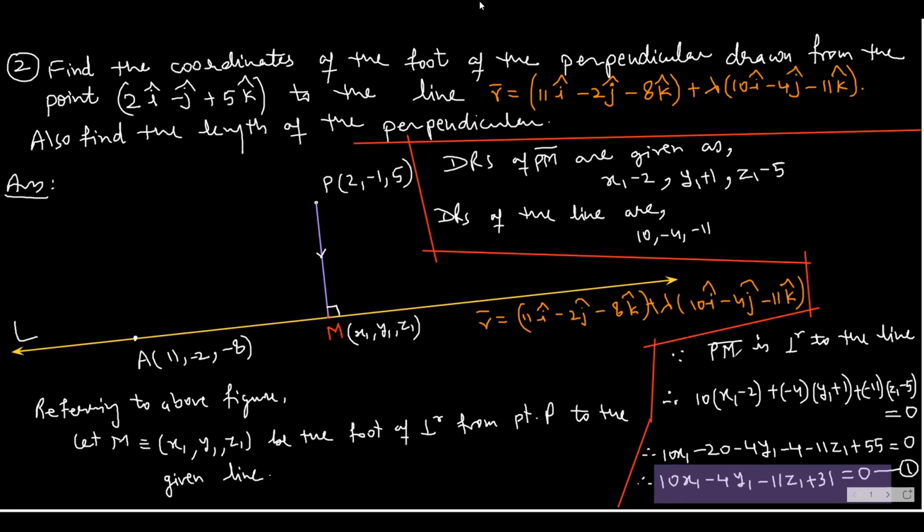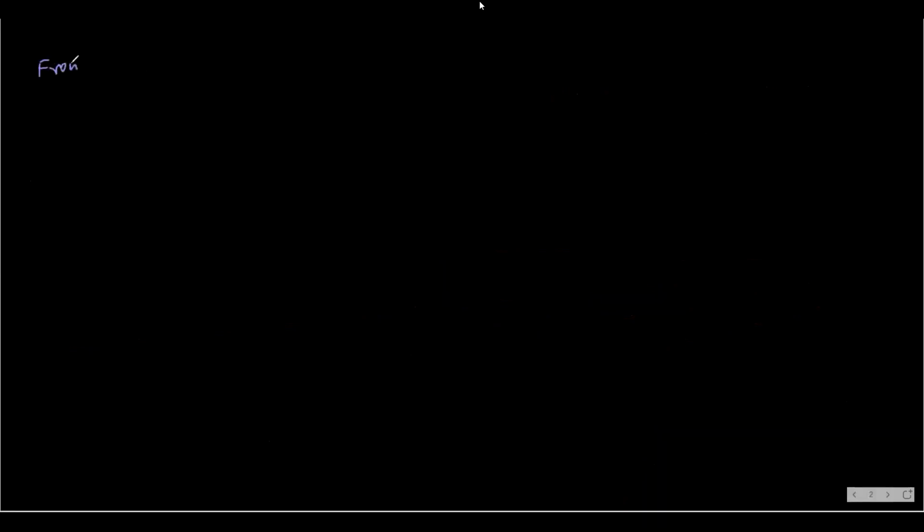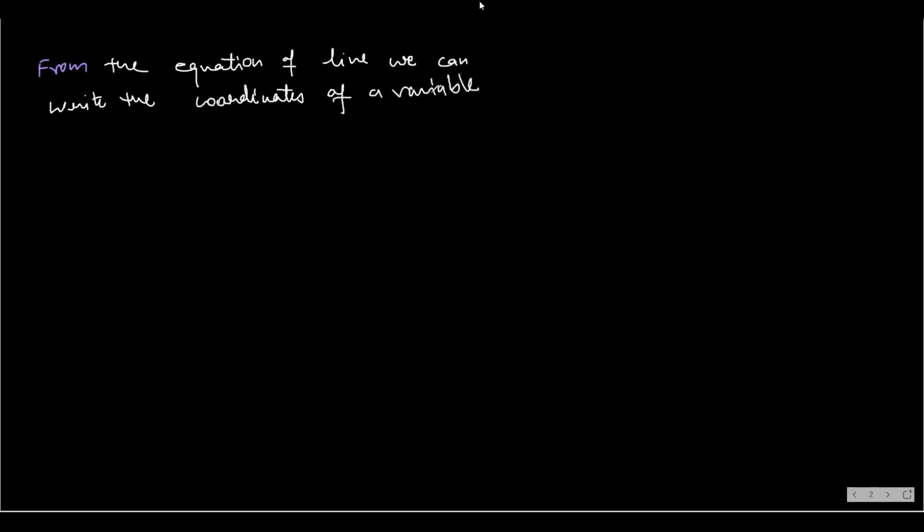From the given equation of the line, we can write the coordinates of a variable point on the line as follows.